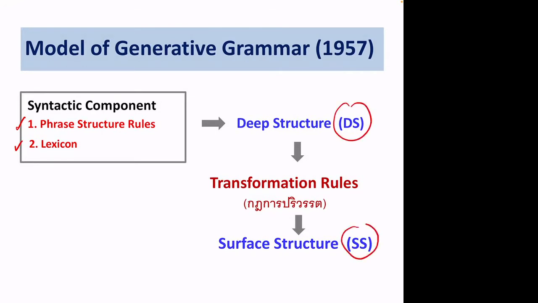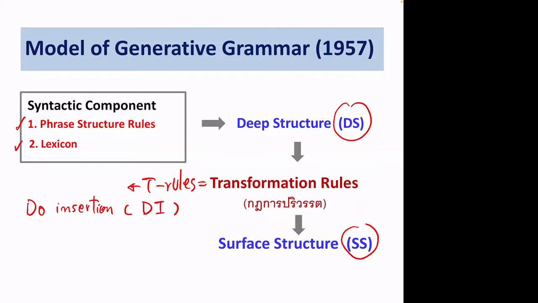And you see here in between the DS and SS, we have transformation rules, or the so-called T rules. And the T rules that I'm going to show you here involve the do insertion, or I'm going to use DI for the abbreviation.